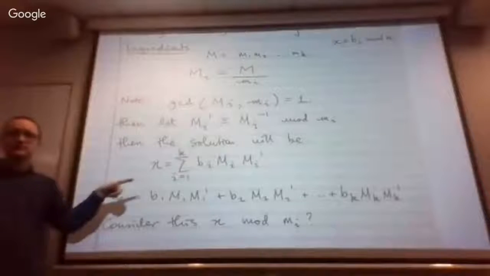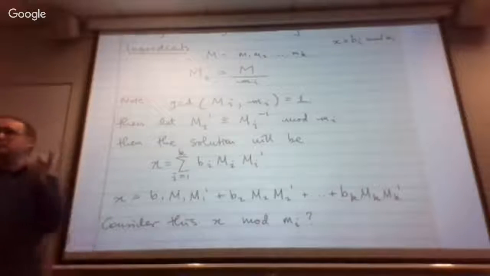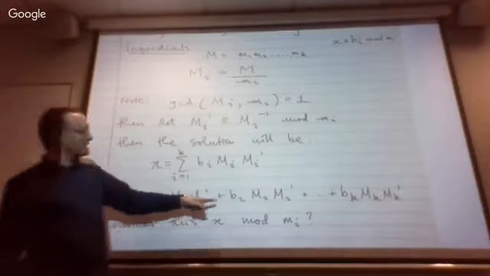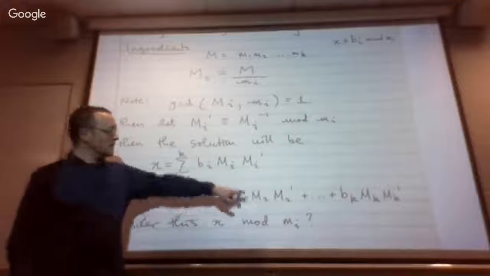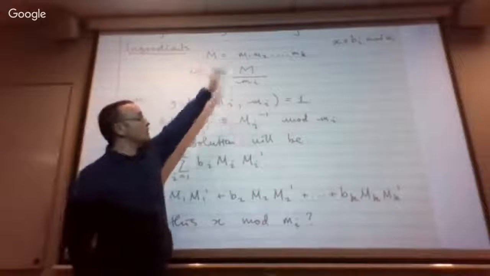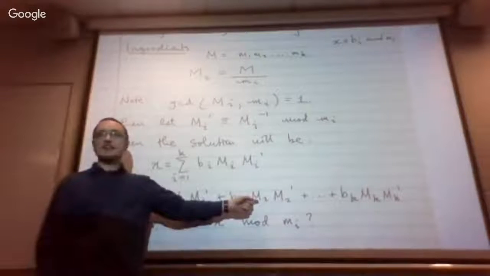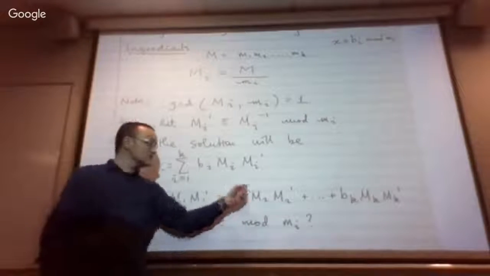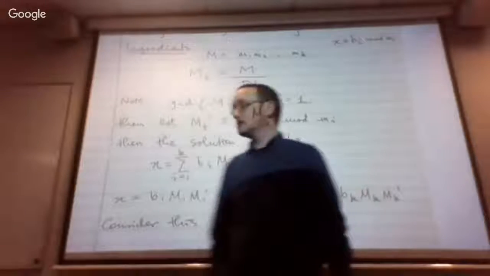However, when you look at it, most of these terms have a factor of m1 in them, because inside capital M2 is the factor m1. What is capital M2? Capital M2 is the product of all of the little m's except for m2. So inside there is a factor little m1. So this whole term is congruent to 0 modulo little m1.